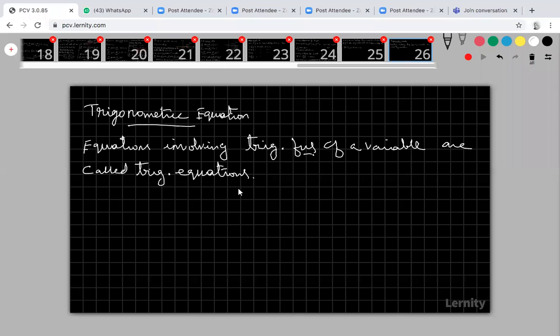Okay. Trigonometric equation, what is an example, sir?